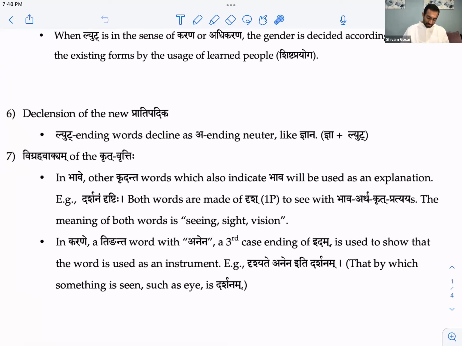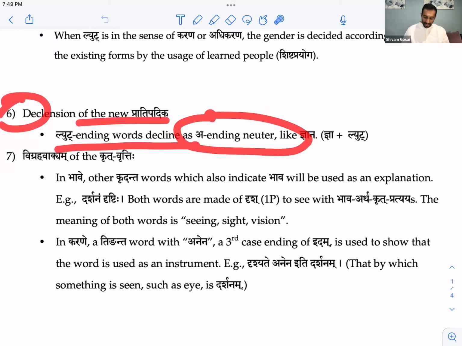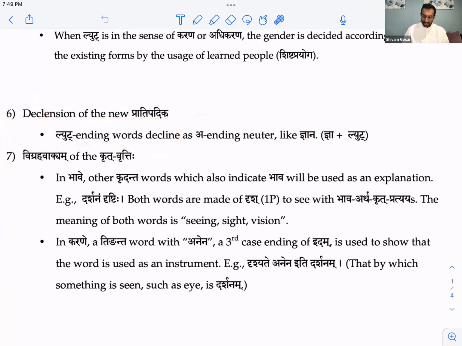So declension: Lyut ending words decline as a-ending neuter, like jnana. This is what I was trying to say with pratipadika or pratipadikam, right? The 1-1 of jnana is jnanam. So you can say jnanam or jnana.